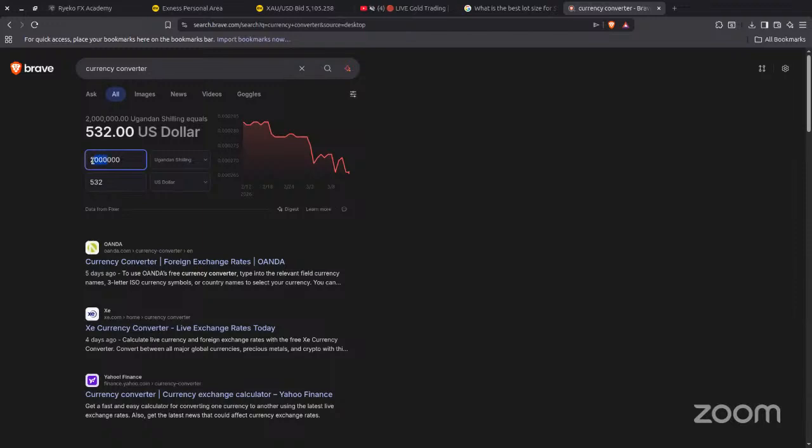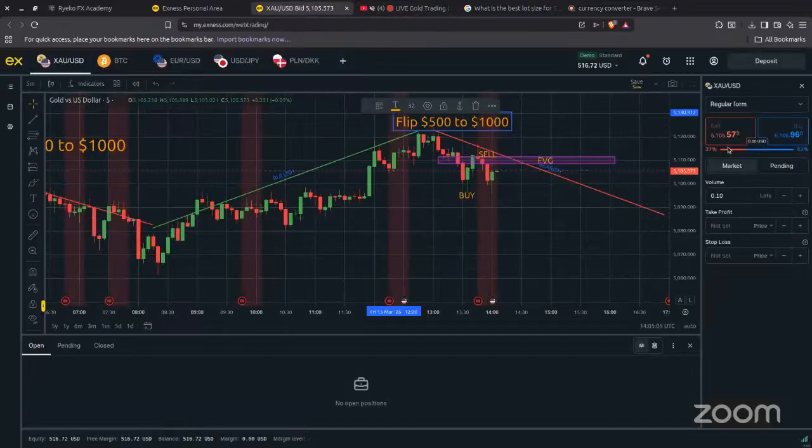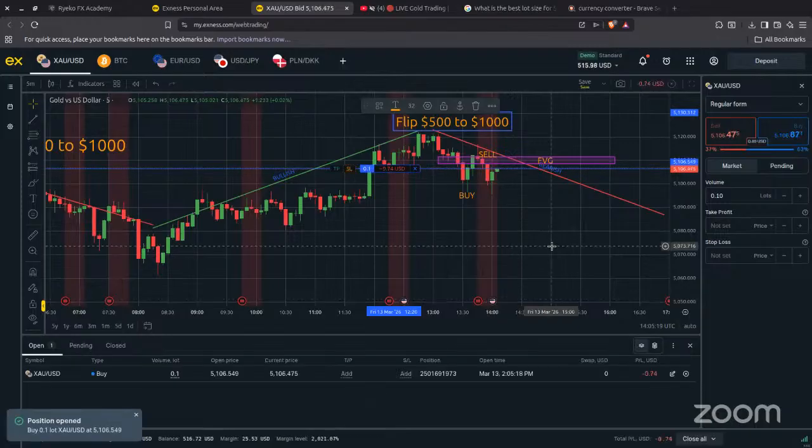It's 523. Okay, all right. So let's do that then. We could sell a bit. Very aggressive people can use 0.01. So knowing the lot size, that should be cool.